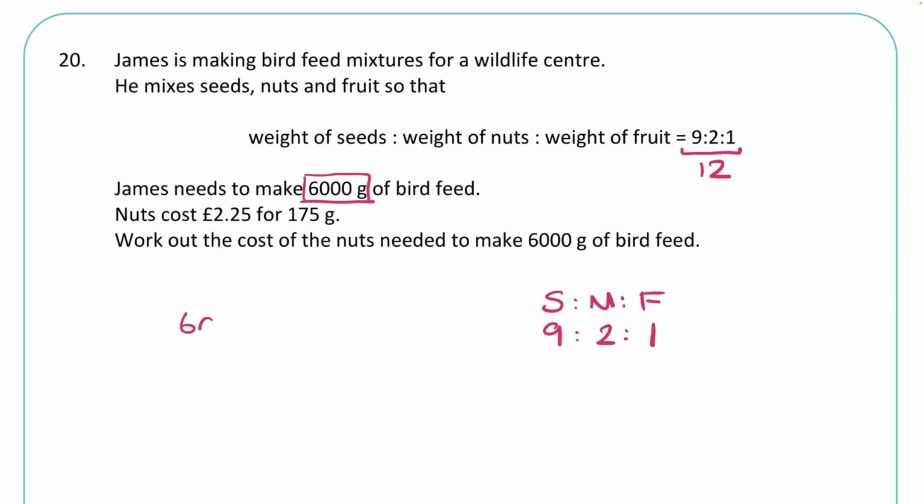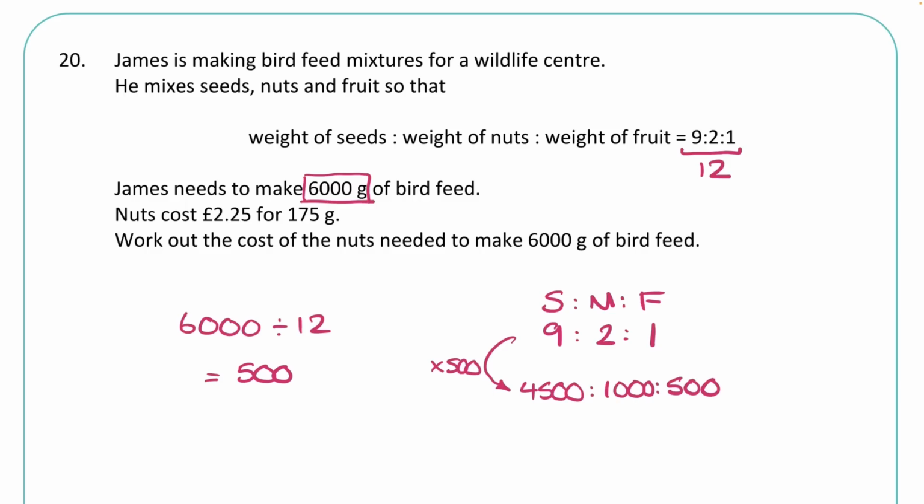So 6,000 divided by 12 is equal to 500. So we can multiply all of these by 500. That gives us 4,500, 1,000, and 500. So the one that we are concerned about is the fact we need 1,000 grams of the nuts.